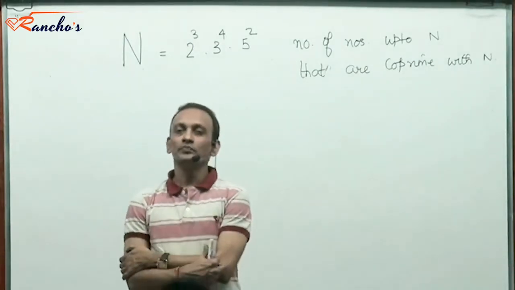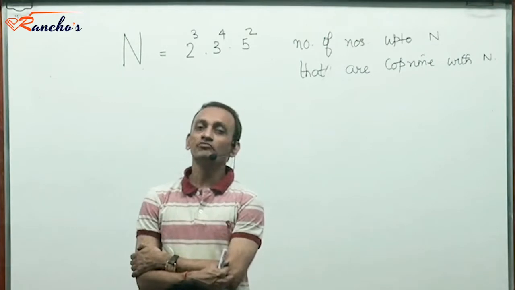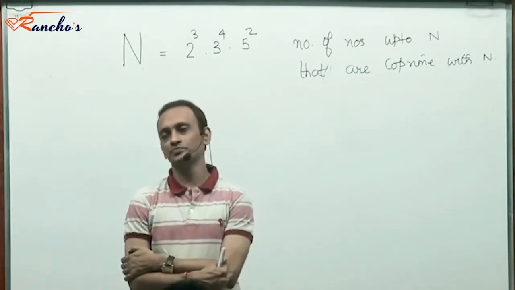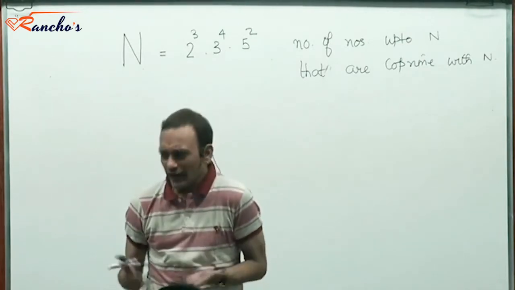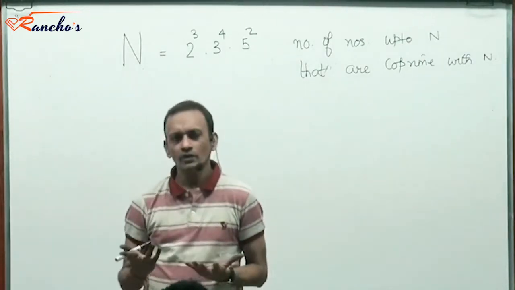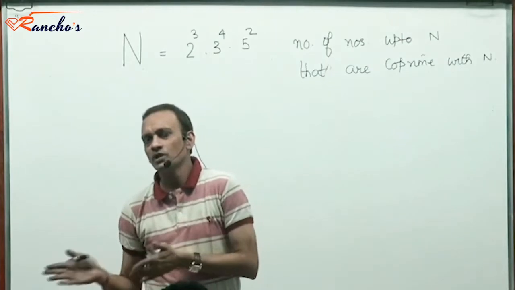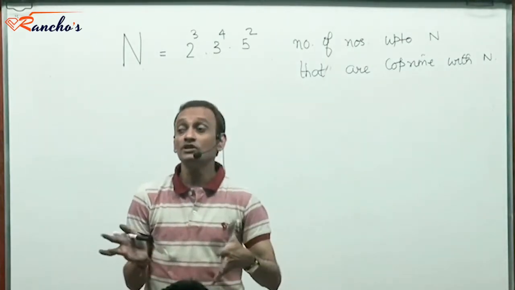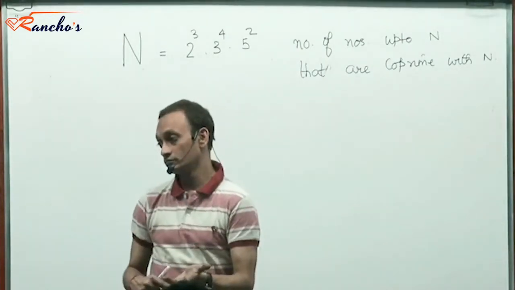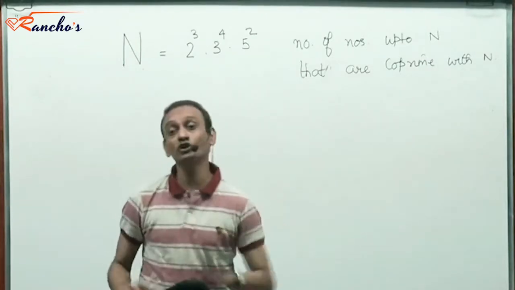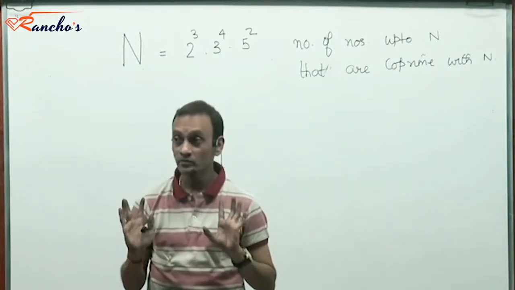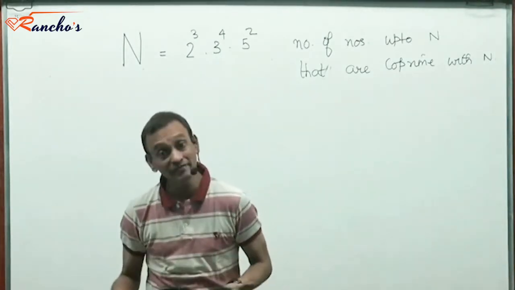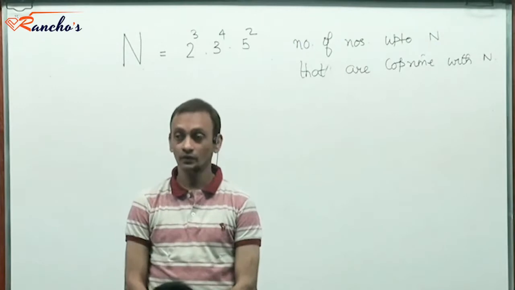Now, let me just find the complement of this problem. In the sense, let me find out how many numbers are there up to n in all, n numbers, right? From these n numbers, let me remove the number of numbers that are not co-prime with n. Then I'll get those that are co-prime with n, right?